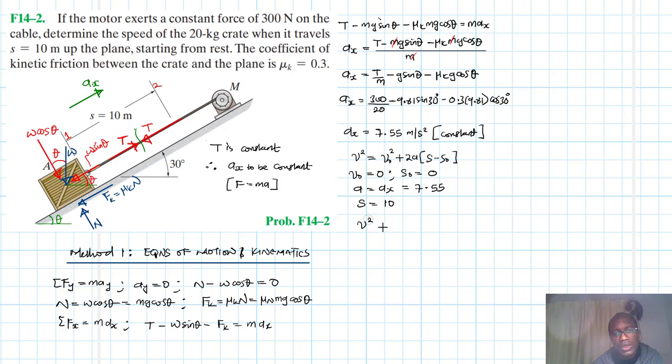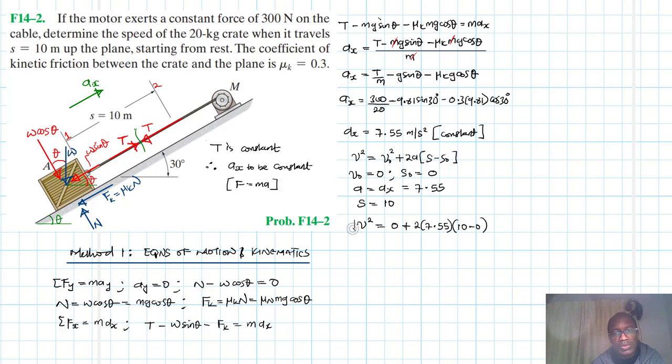Therefore, v squared is going to be equal to 0 plus 2 times 7.55 times 10 minus 0.